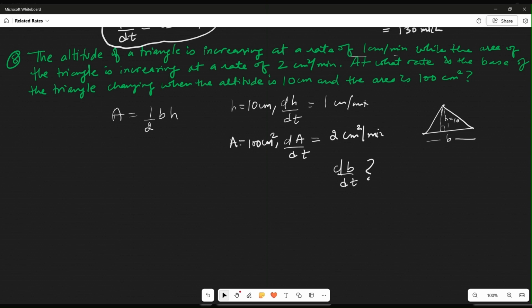First of all, let's take the derivative on both sides of the equation. So we have dA over dt equal to, bring the constant out, constant multiple rule, and then the product rule here: b times the derivative of h, which is 1, dh over dt, plus h times the derivative of b, which is 1, the rate with respect to time, db over dt.